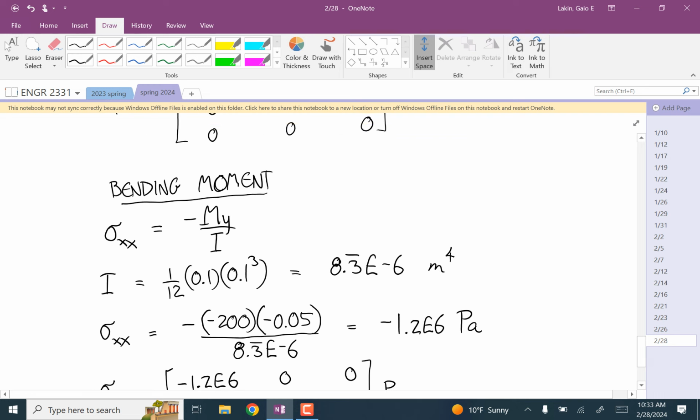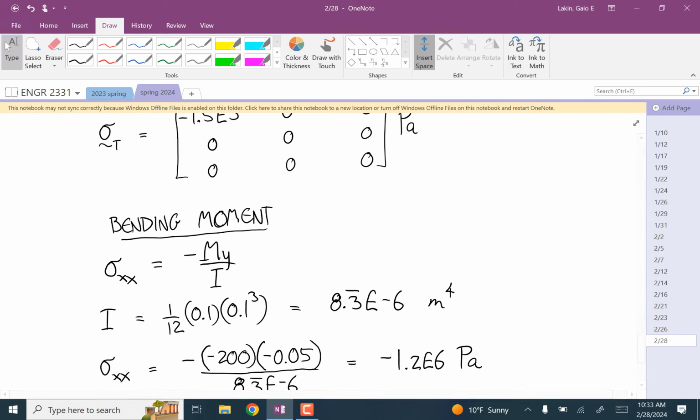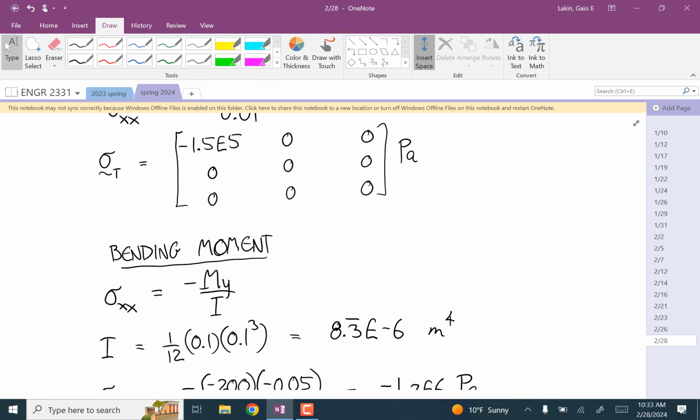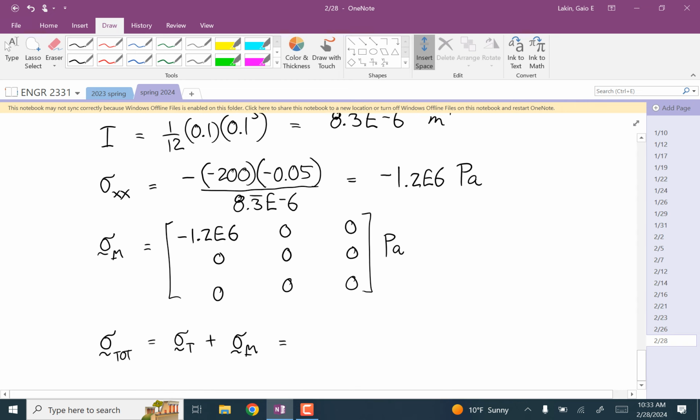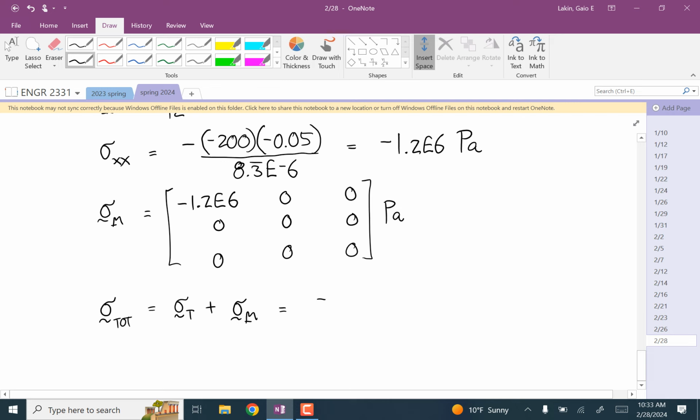And that is, okay, so we add 1.5, so 0.15. So negative 1.35 times 10 to the 6, 0, 0, zeros everywhere.